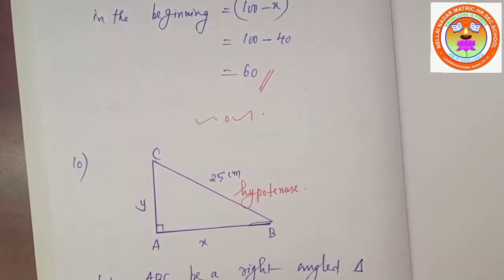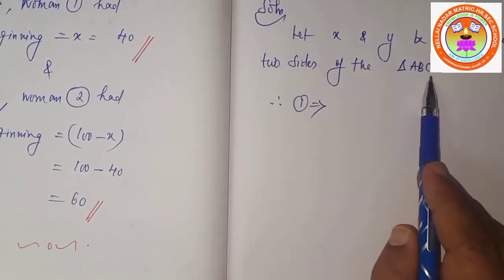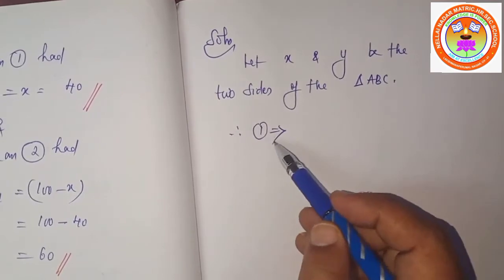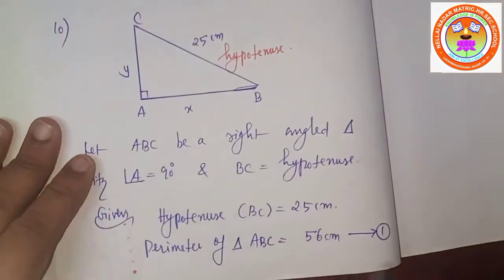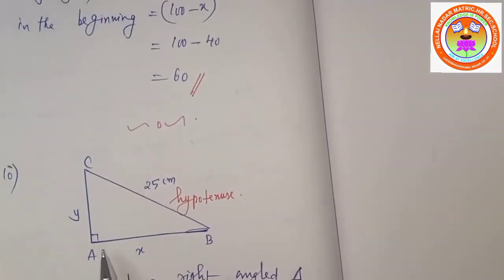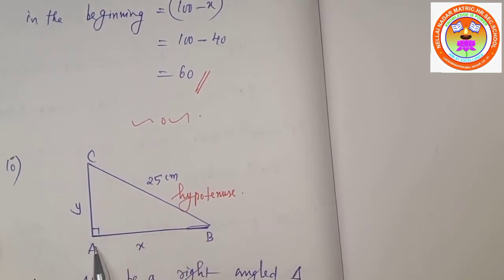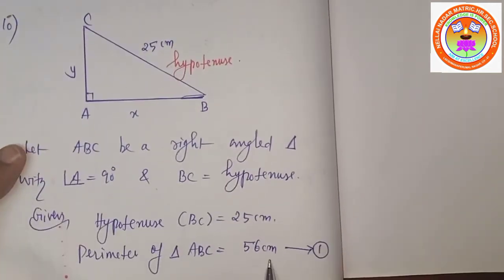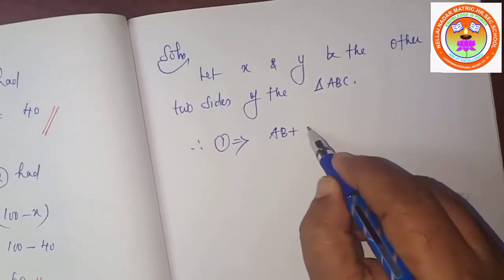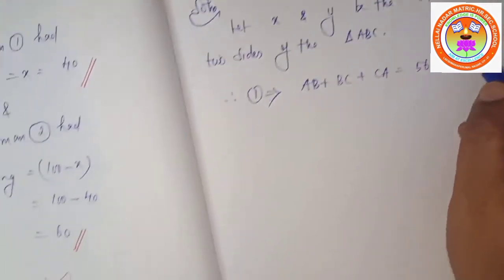Let X and Y be the other two sides of the triangle ABC. Therefore, in equation number 1, the perimeter of triangle ABC is given: AB length plus BC length plus CA length is equal to 56.